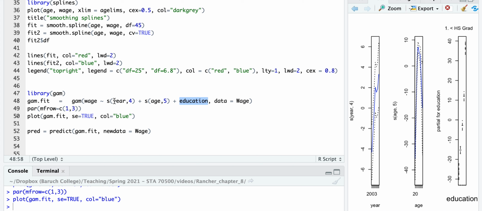And that's it. So now you may say, how do we pick the degrees of freedom here? We can write an extensive cross-validation function over the degrees of freedom for year and age, and this is exactly where what you learned in cross-validation is useful, because at least I am not aware of a cross-validation function written for this purpose.